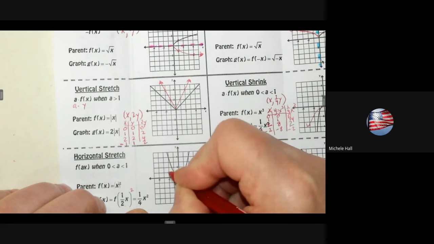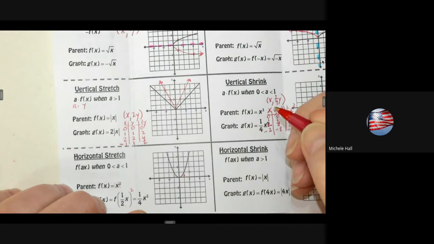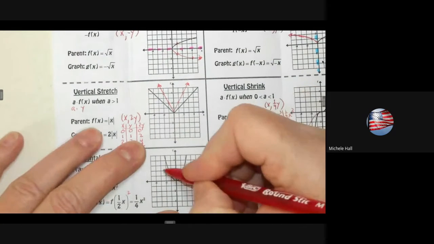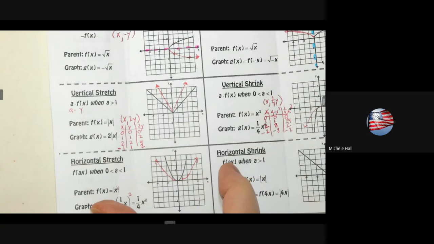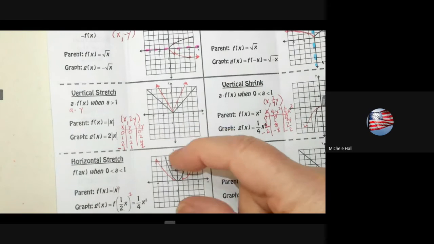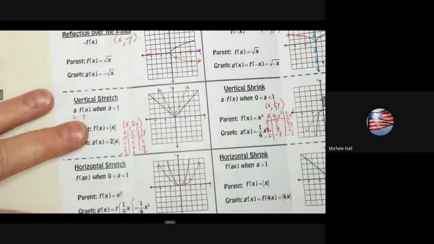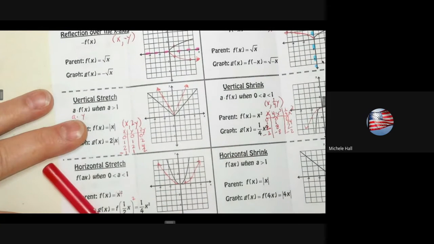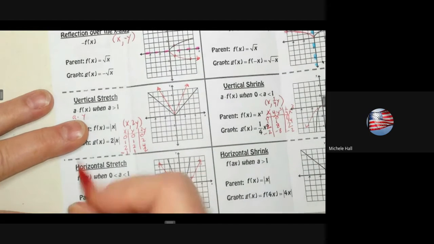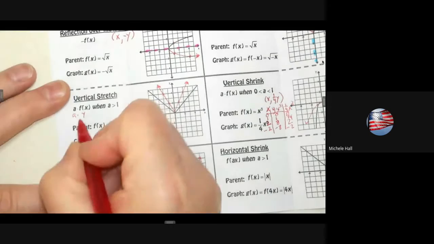At -2, that would also be true. We can see here that a horizontal stretch is the same thing as a vertical shrink. So the horizontal stretch is being stretched out this way, and you're multiplying it directly to the x, directly to the x versus to the y.